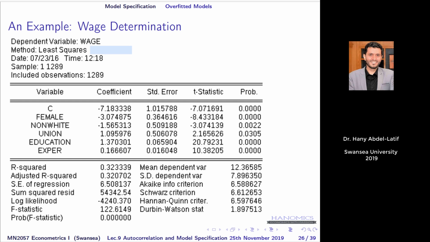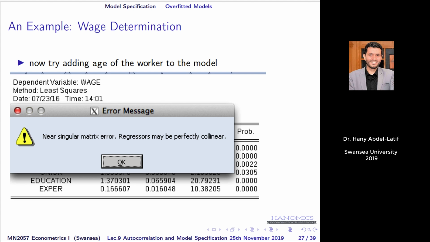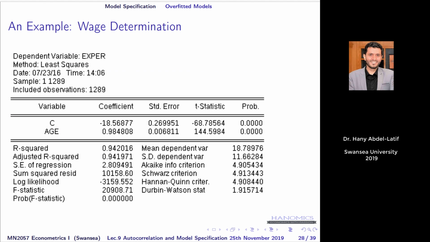You have the data, so you can try with education and see if it's perfectly correlated or not. Generally, I would imagine that people who are more experienced are older. This was just an attempt to add a variable that I thought might be important, and the program didn't give me any result.